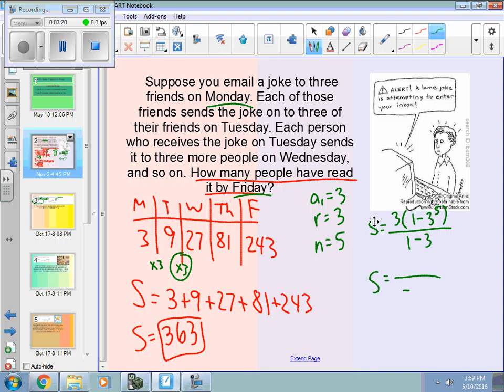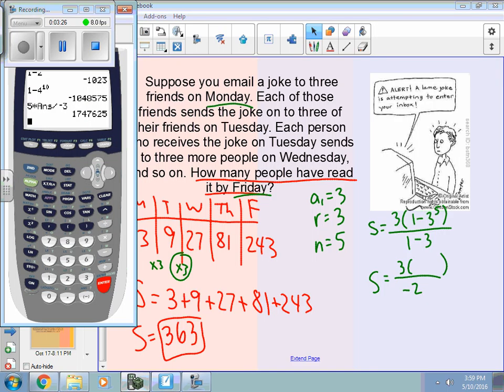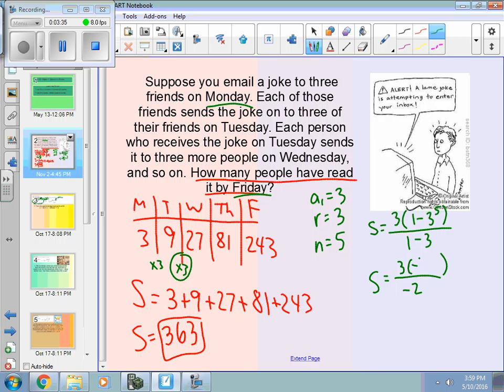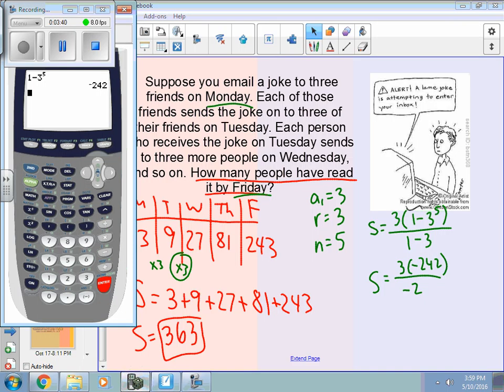When you simplify these, make sure you start with the parentheses. In the parentheses part, you probably want to do it on your calculator: 1 minus 3 to the 5th power is negative 242. And now if we multiply that by 3 and divide by negative 2, we should get the same answer. Times 3 divided by negative 2.